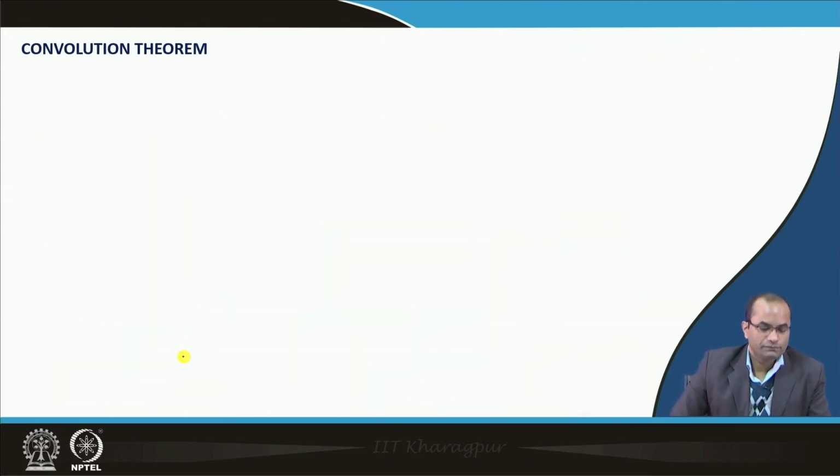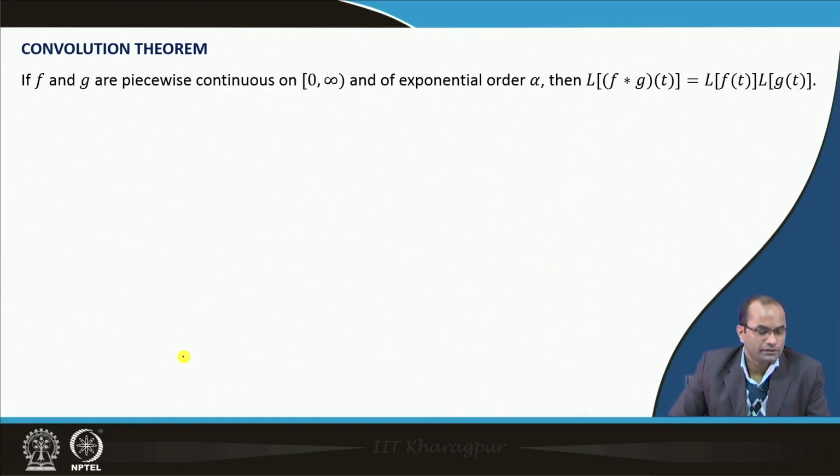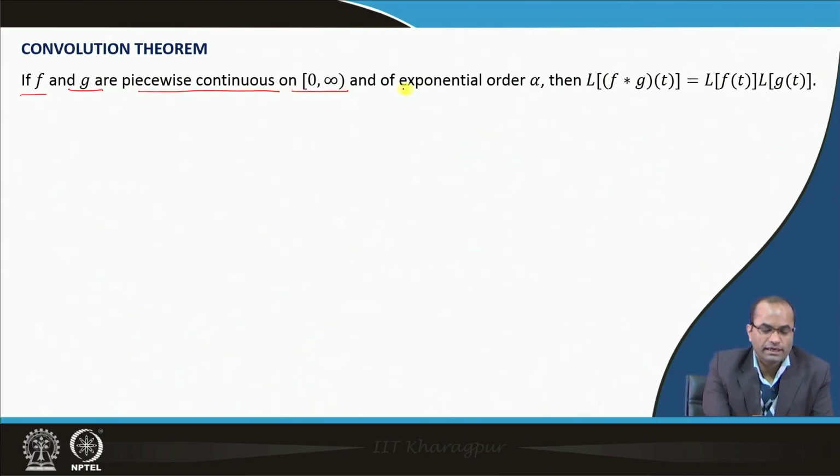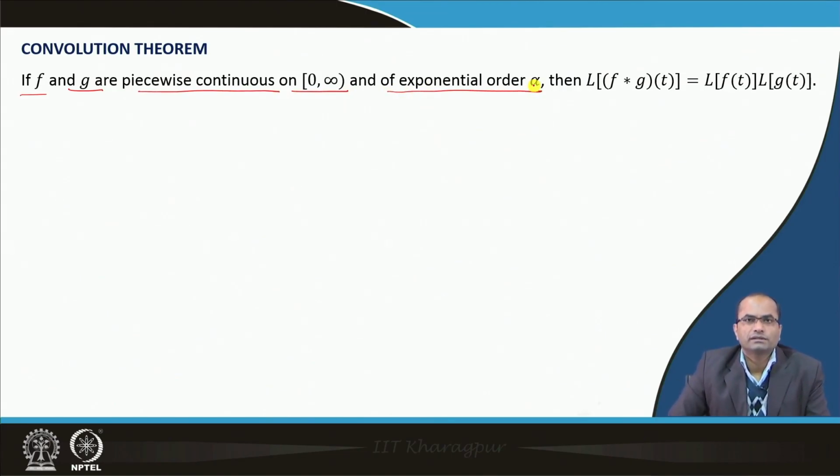The convolution theorem, which is one of the important results in this section, says that if f and g are piecewise continuous on 0 to t and of exponential order alpha, which are the sufficient conditions for the existence of the Laplace transform, then the Laplace transform of the convolution f star g is equal to the simple product of the Laplace transform of f with the Laplace transform of g.